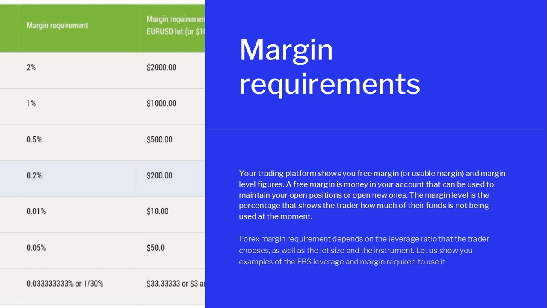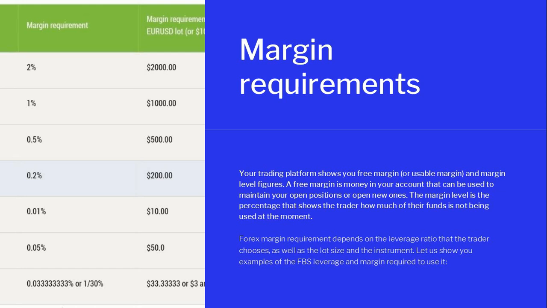The margin level is the percent that shows a trader how much of their funds is not being used at the moment.